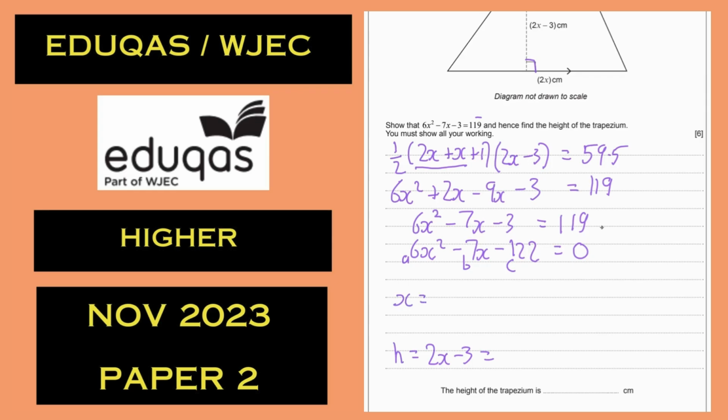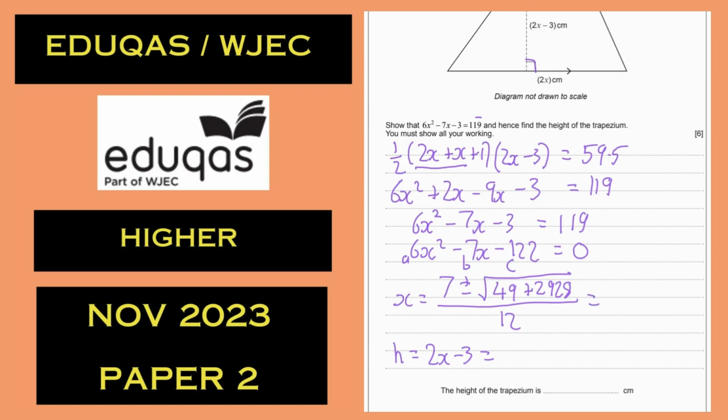So we get minus B minus -7. Help your calc out. B squared is -7 times -7. -4 times A is -24 times -122 is +2928 all over 2 lots of 6.